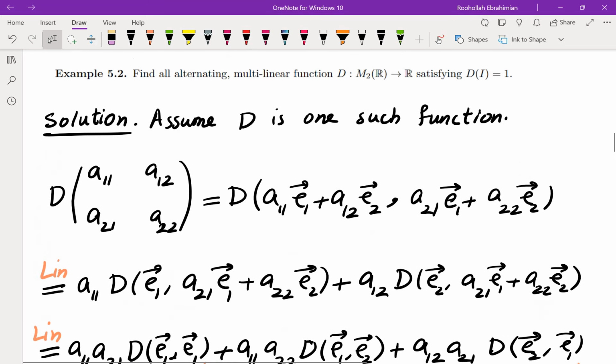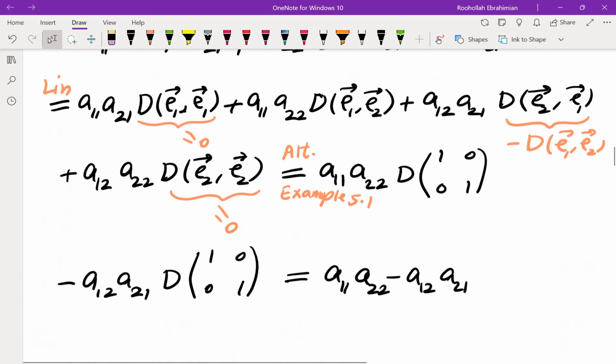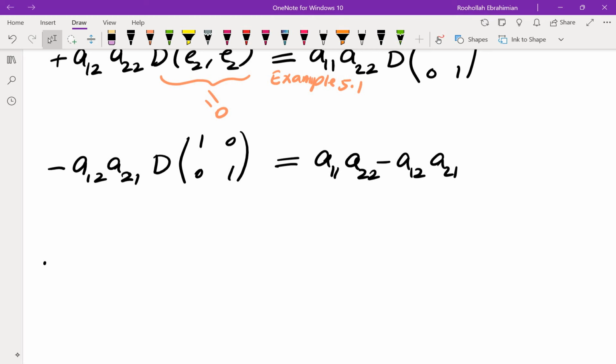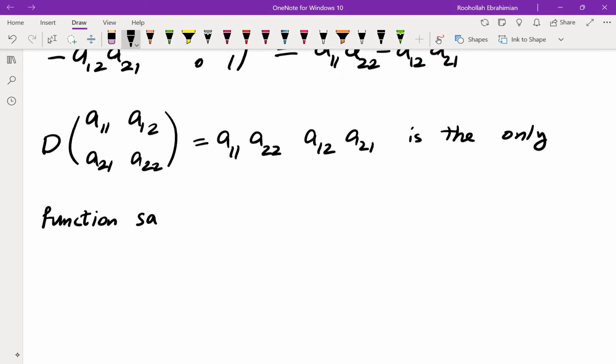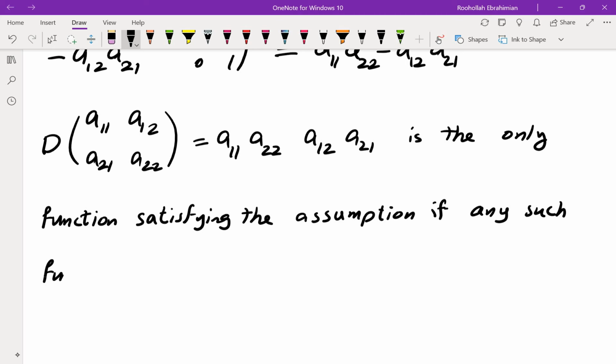So this is what we did. We started with assuming that there is a function satisfying those properties, and we ended up getting that d of a11, a12, a21, a22 equals a11 a22 minus a12 a21 is the only function satisfying the assumptions, if any such function exists.